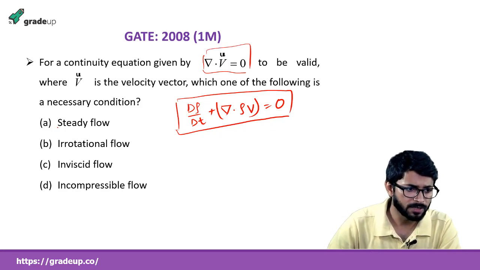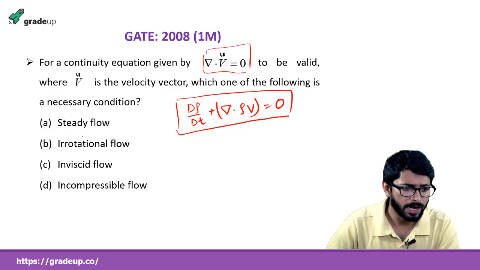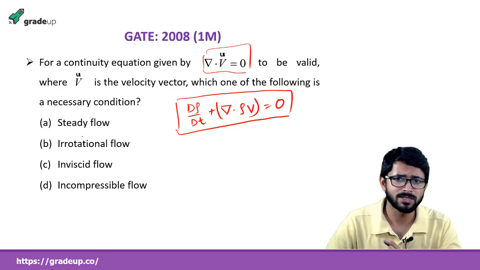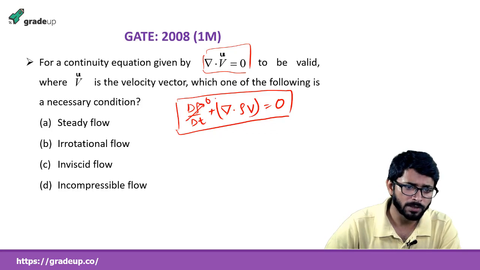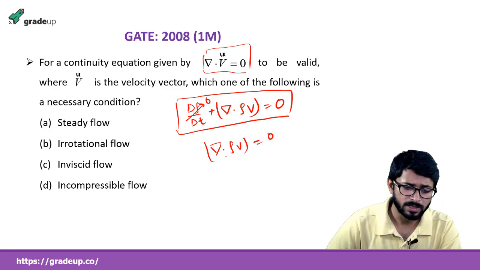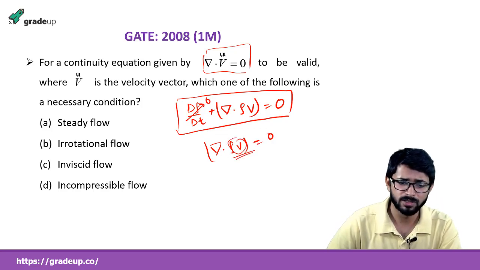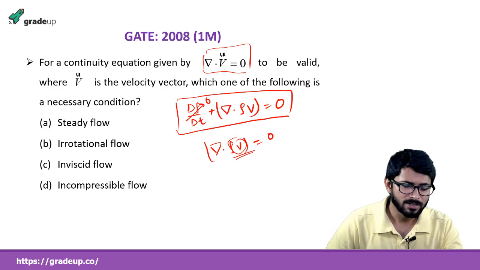First check for the steady condition. Steady means the properties of flow don't vary with time, so this particular term comes out to be 0. What will we have? Del dot rho V equal to 0, the divergence of rho times V. Density isn't varying with respect to time, but it may vary from one location to another.